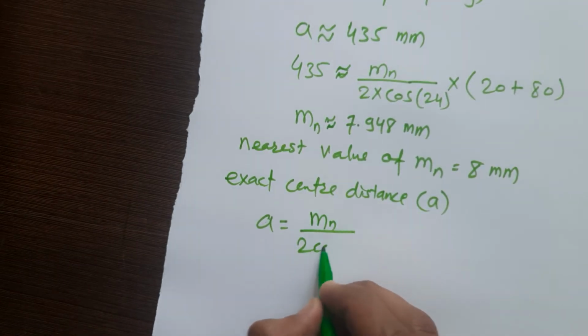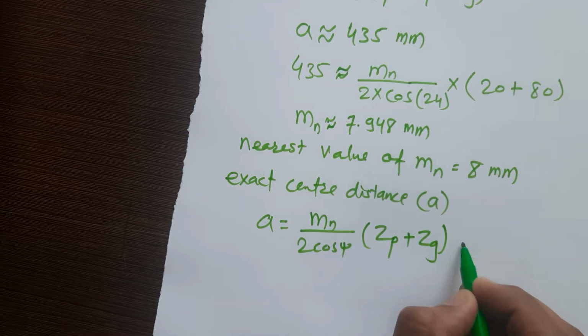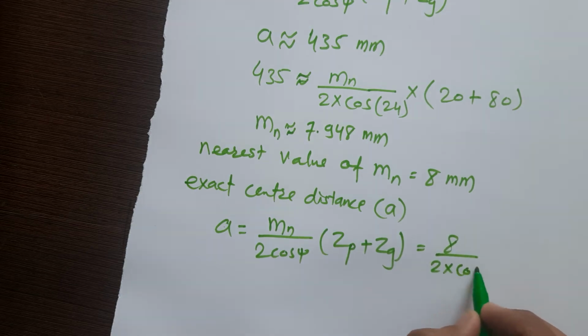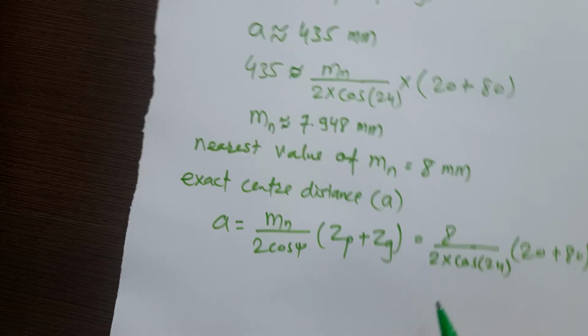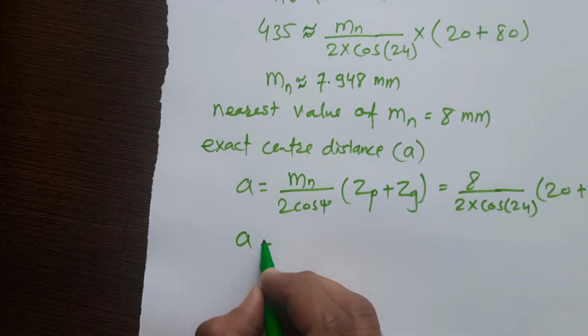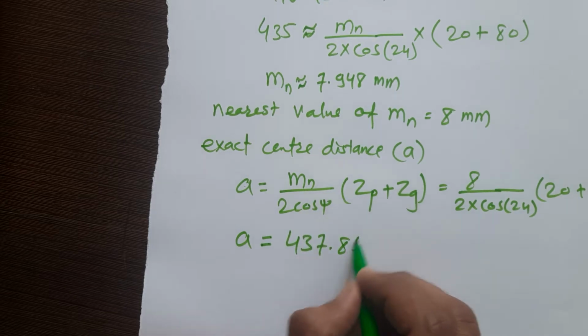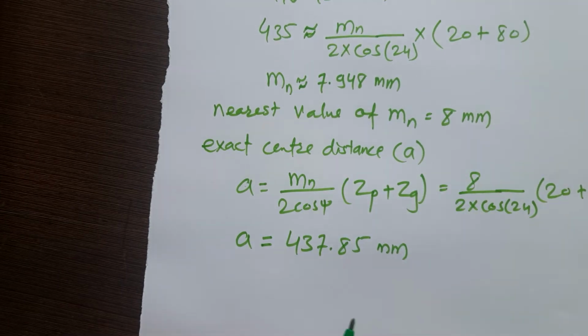So if you substitute the values, Mn is 8, divided by 2 times cos of 24, in bracket Zp is 20 plus 80. So you will get the exact center distance as 437.85 mm. Okay, so if your module is 8 mm, the exact center distance will be this much.